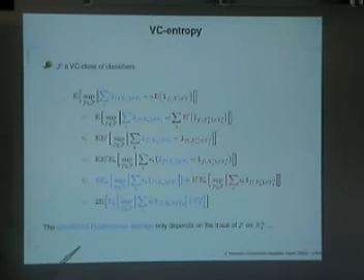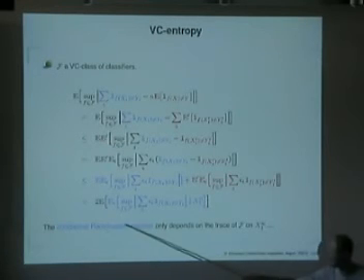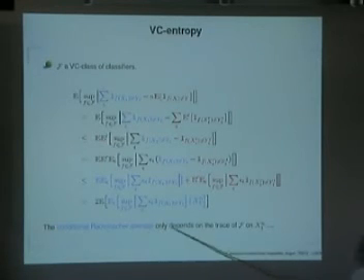And for that reason it is called a conditional Rademacher average, defined over the class F. And so, just as in Vapnik symmetrization, we should pay attention to the fact that this only depends on the trace of F over the sample.